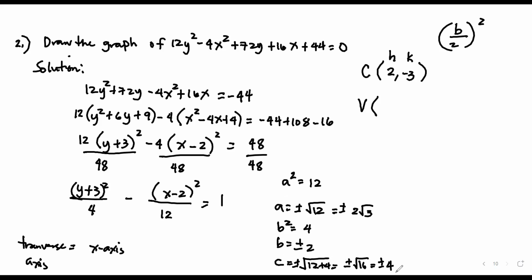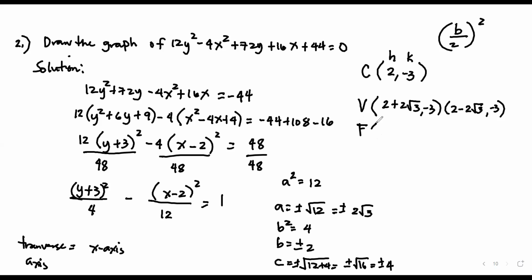The transverse axis is on the x-axis, so we add to h the value of a. Plus and minus 2 square root of 3: 2 plus 2 square root of 3, negative 3, and 2 minus 2 square root of 3, negative 3. To get the equivalent of this, try to use your calculator. 2 plus 2 square root of 3, what's the approximate value? 2 minus 2 square root of 3, what is the approximate value?